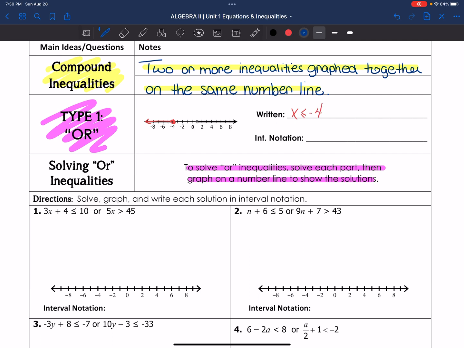And then on the other side, we have this open circle moving to the right. That is x greater than, right between 0 and 2, so that's 1.